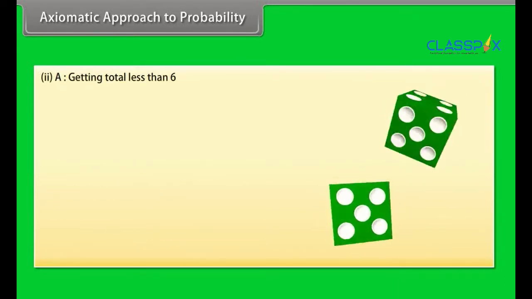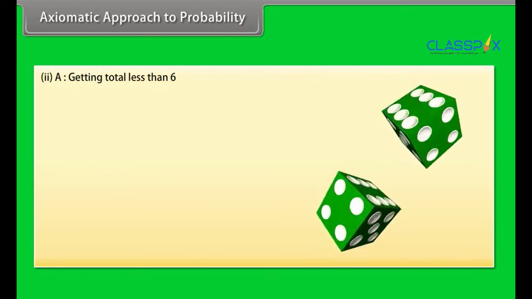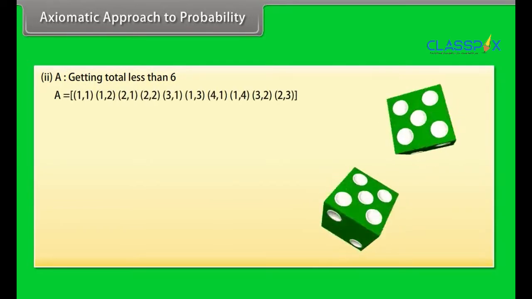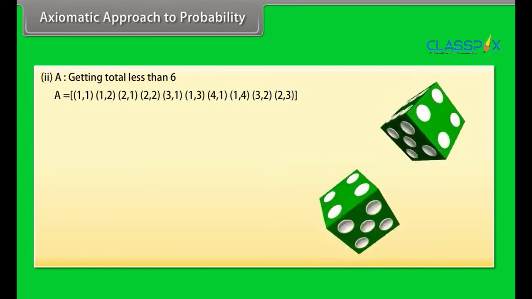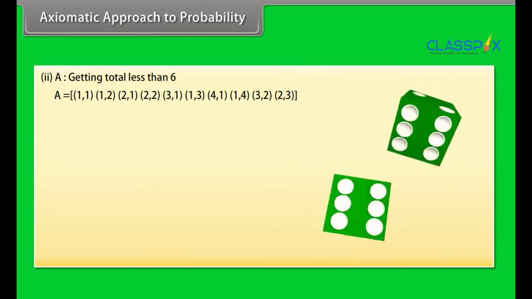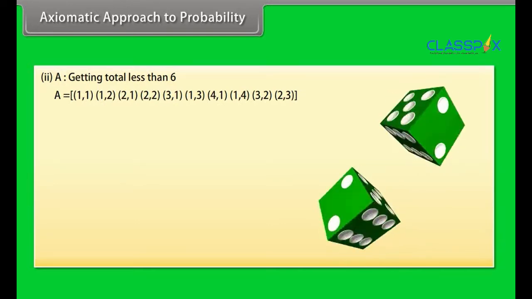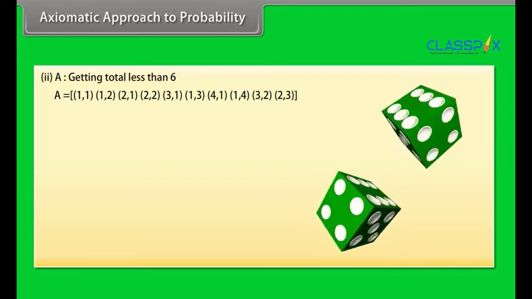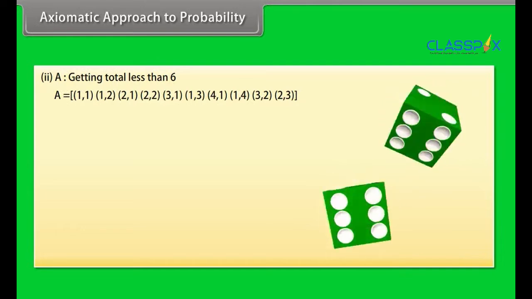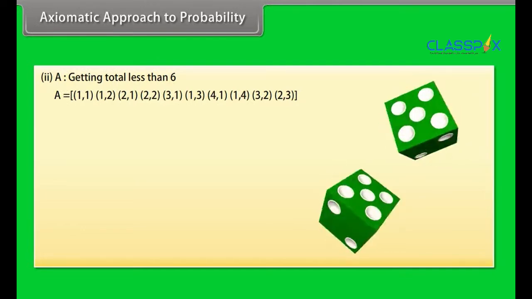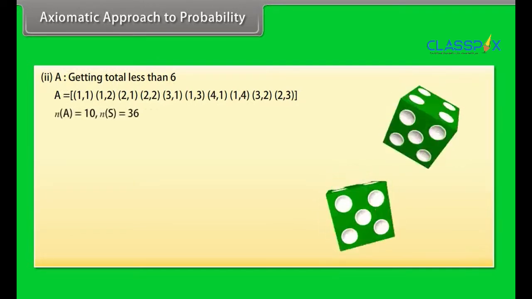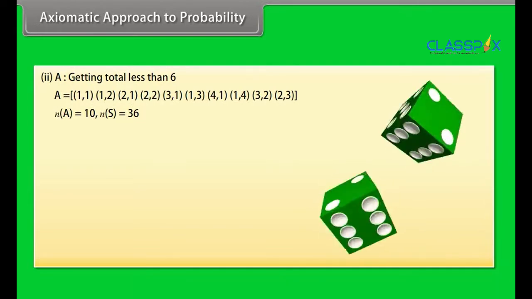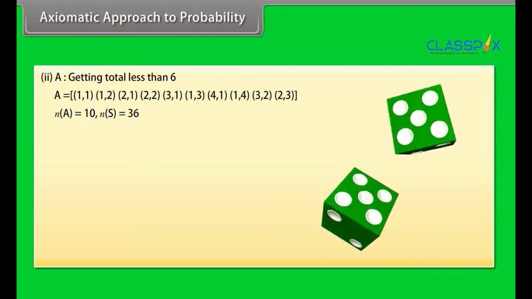2. A: getting total less than 6. A is equal to {(1,1), (1,2), (2,1), (1,3), (3,1), (1,4), (4,1), (2,3), (3,2), (2,2)}. n(A) is equal to 10. n(S) is equal to 36.